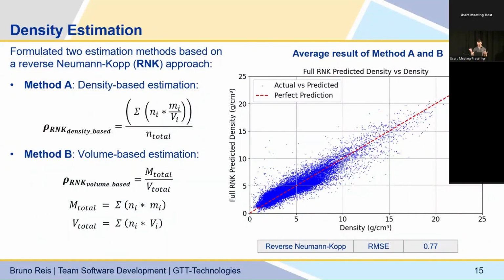All this different data was fitted from data from the Materials Project and one more source that I don't remember at the moment. And what we do in the end is actually to take the average of those two, the density-based estimation and the volume-based estimation, because the result is better.